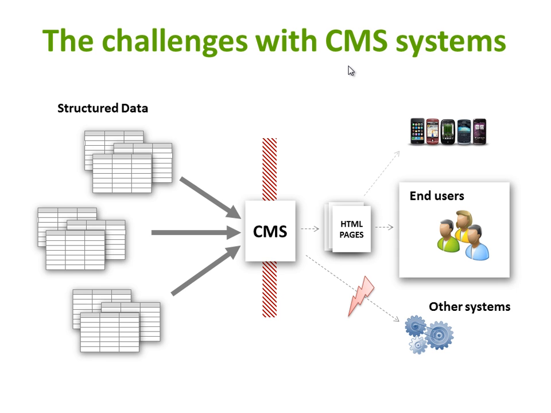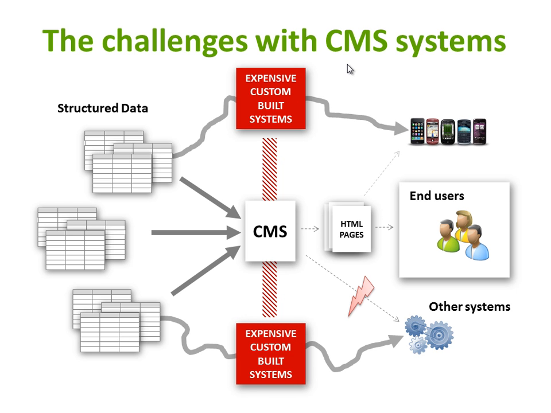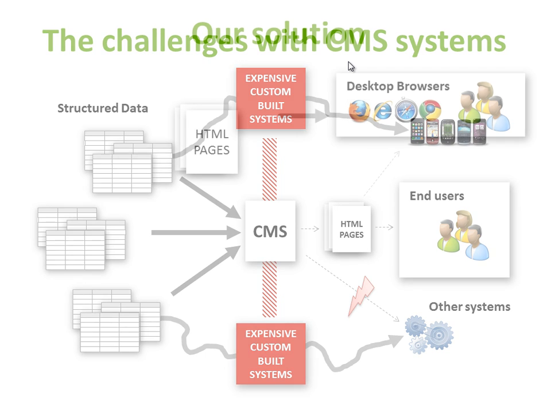So, as an effect, the CMS becomes a barrier to a lot of the valuable data you have. The way around it is, of course, to build custom-built systems that talk directly to the structured sources and with your mobile applications or your other systems. But this is expensive, so you want to try to avoid that.